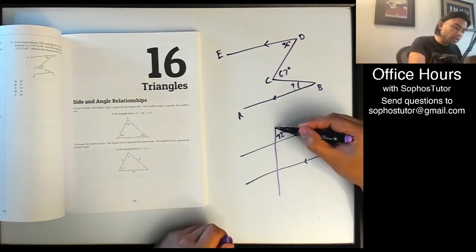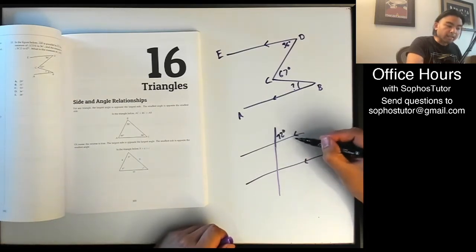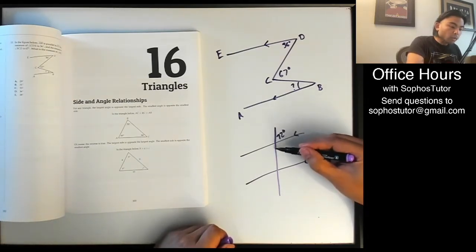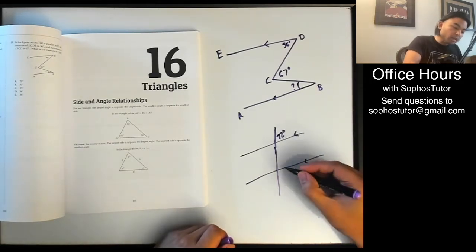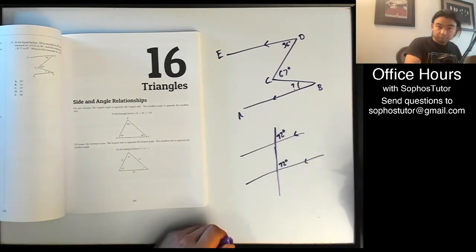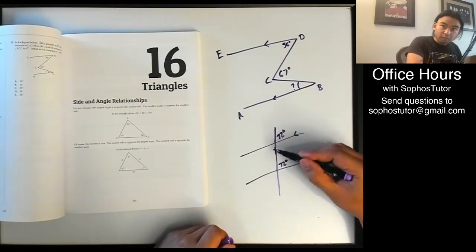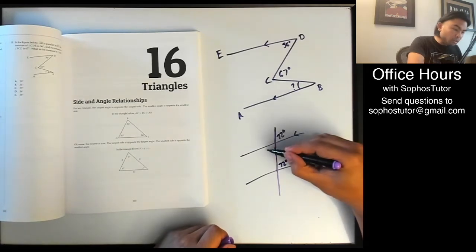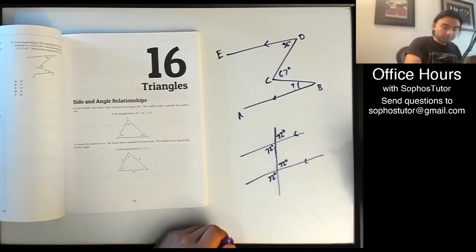Since this transversal is crossing this line at 72 degrees, then we expect that this transversal will also intersect this line, which is parallel to the original line, also at 72 degrees. Then, using vertical angles, that is, angles that are opposite each other in an intersection, we expect that the vertical angles will also be 72 degrees.